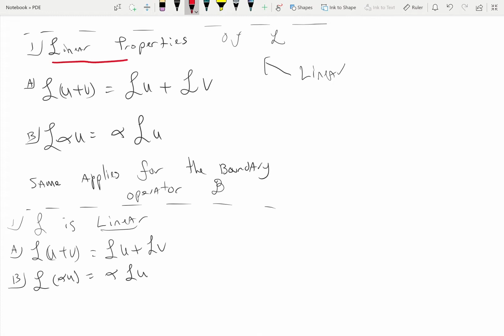Linearity properties of L, similar to a previous video that I did over classification of PDEs, the linear rule states that for a linear operator L, L of u plus v is equal to L of u plus L of v, and also that L of alpha u is equal to alpha L of u. The same conditions apply for the boundary operator.